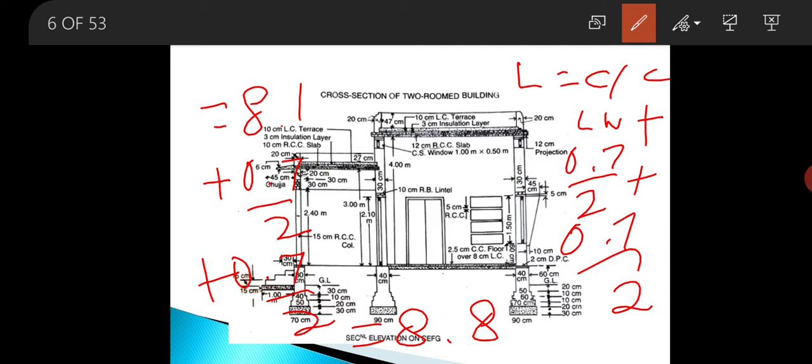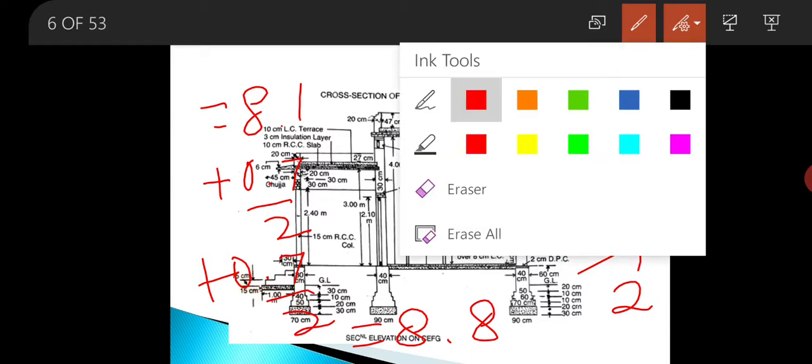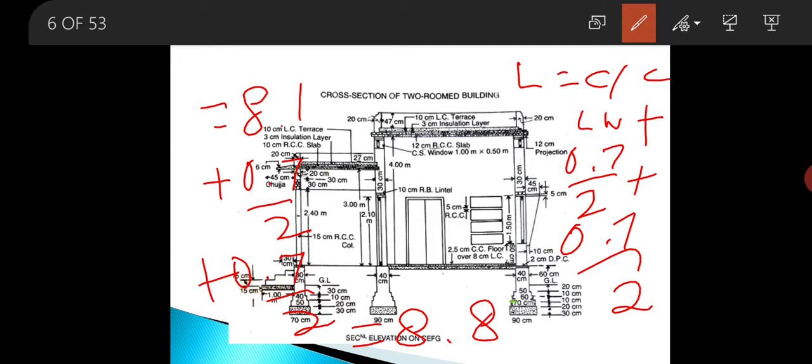Similarly, for second footing, you can see here the width of second footing is 60 centimeter. So with the center to center length of long wall, we will add half of the width of the second footing on both sides. Clear?